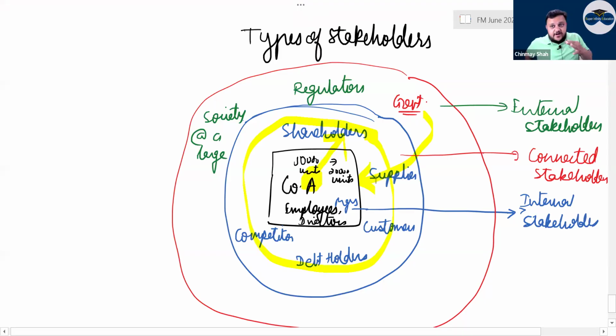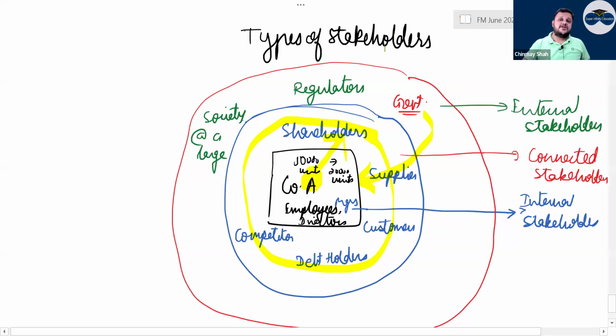Government as a stakeholder may not be impacted by your decision, or you may have a major change. Now let's say you are a plastic manufacturer and the government bans plastic. What happened? Is the government a stakeholder in your organization now? Yes. Externally they are a stakeholder and they have attacked you, in the sense they have made laws against your business.